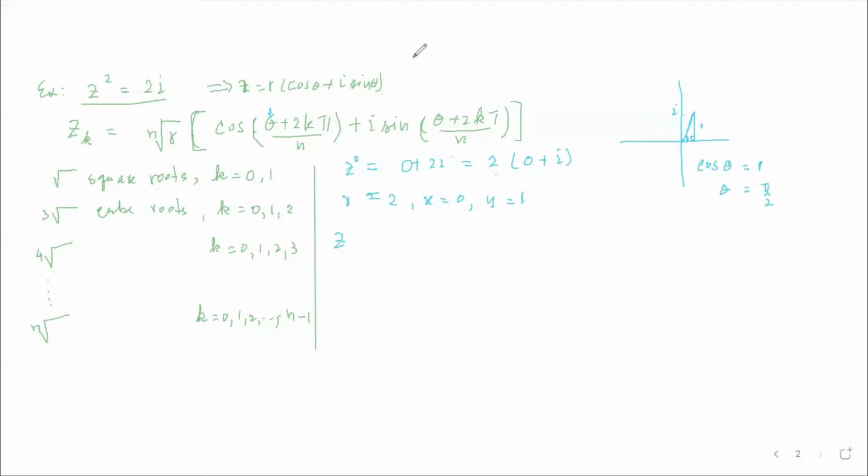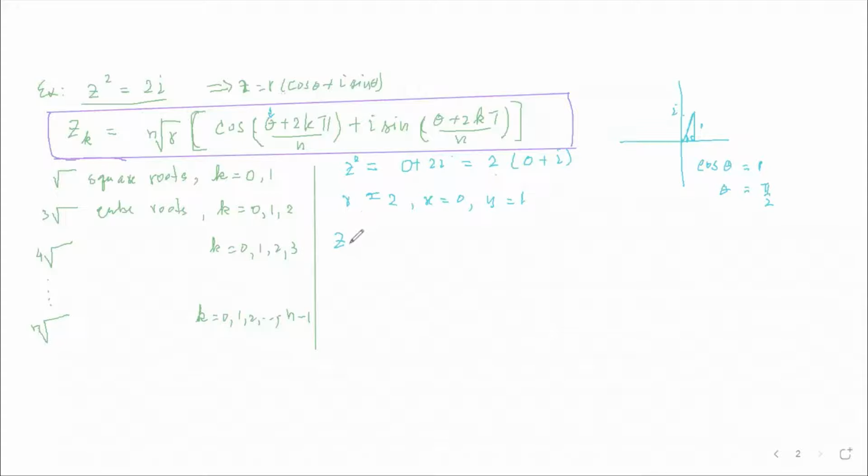Write down this is the formula, okay. Then we know where it is.